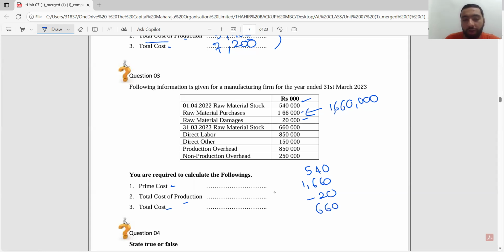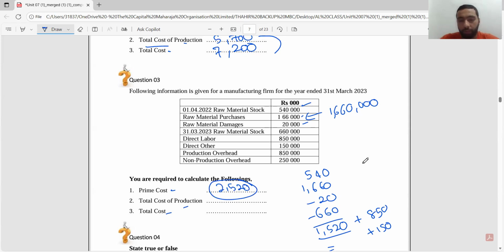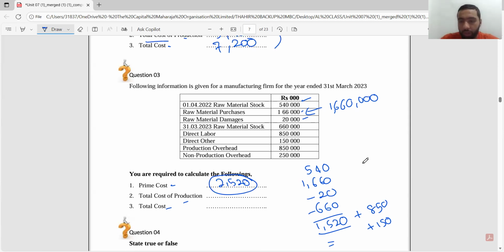You have not used it in the production. So how much is this? 1,520. And then you add 850. And then you add 150. It will come as how much? 2,520. Did you understand this, children? Did you understand?